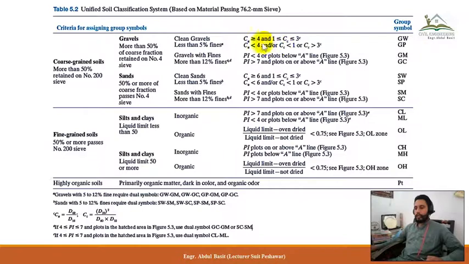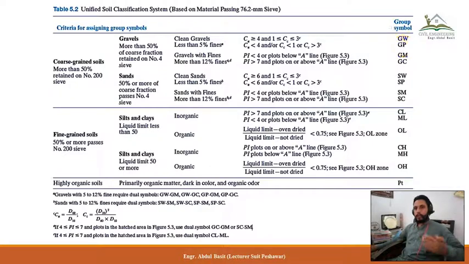So if your soil is of this type, that the uniformity coefficient is greater than or equal to 4 and the gradation coefficient has a value between 1 and 3, including 1 and 3, then it will be GW soil. So GW means gravel, well graded. Okay, again, if the condition is satisfied that the uniformity coefficient is less than 4 and the coefficient of gradation is less than 1 or greater than 3, like you can say it is not falling between 1 and 3, then it will be GP soil.